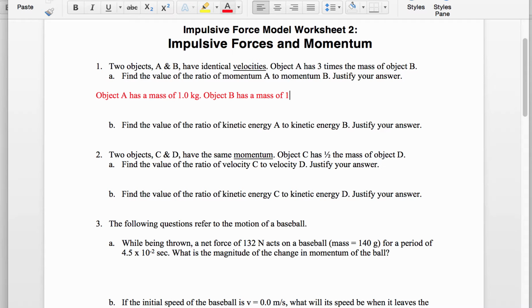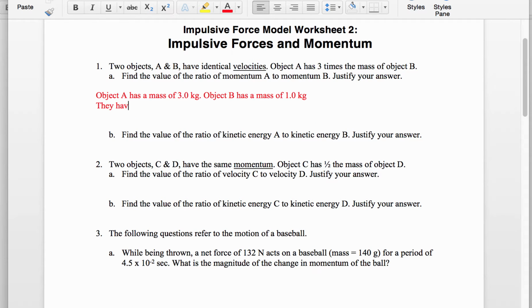Okay, I'm going to say object A has a mass of 1 kilogram. Object B has a mass of 3 kilograms, because it said 3 times as much. Oh, no. A is 3 times. And they have the same velocities. So let's make up a number. Let's say 1 meter per second, because multiplying by 1 is easy.